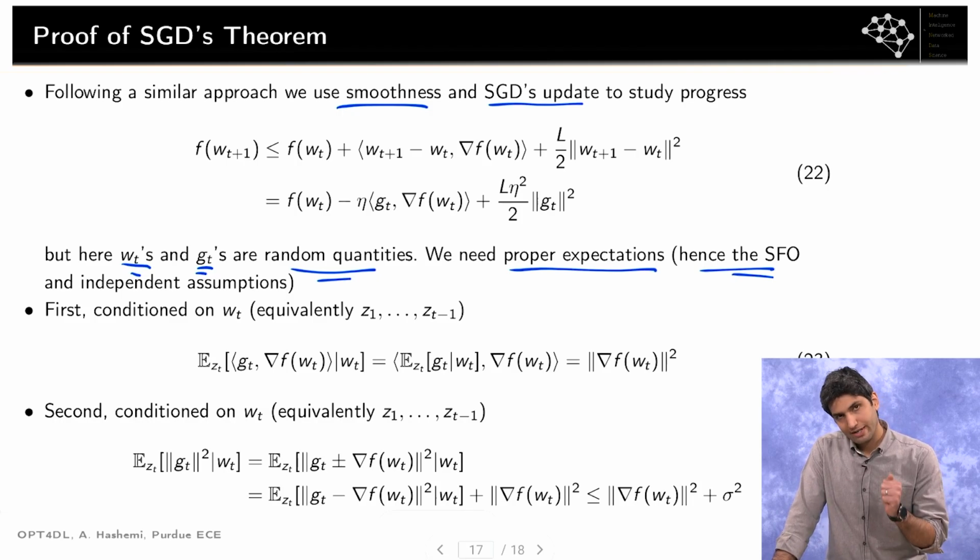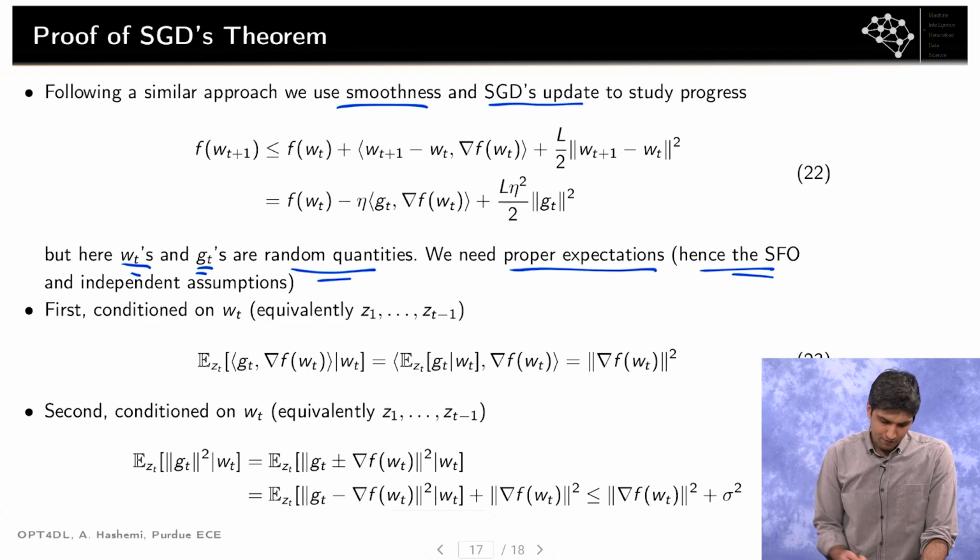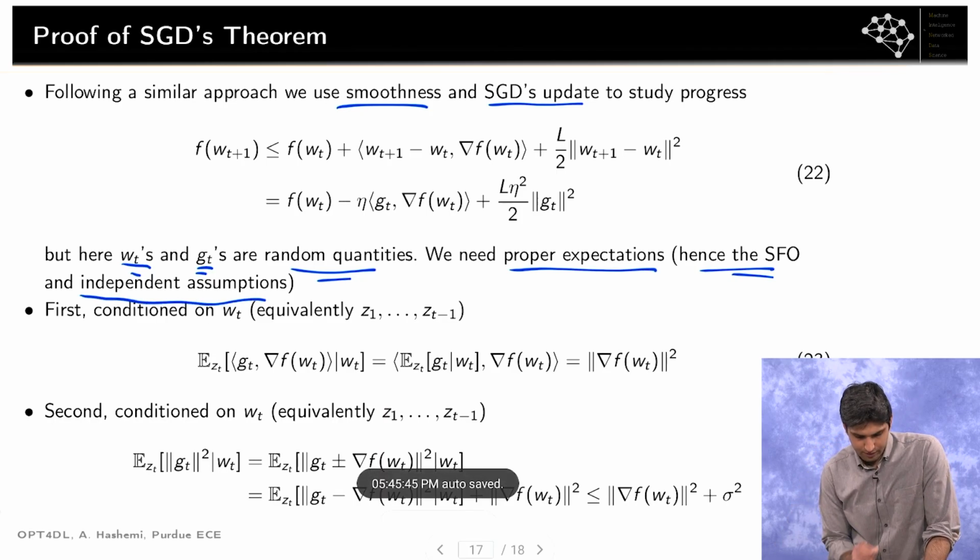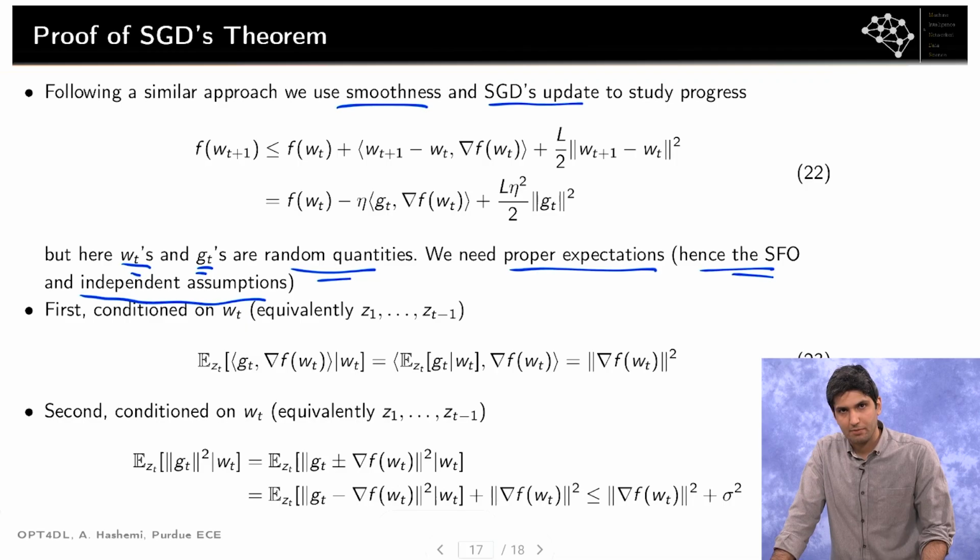In particular, we're going to again assume that we have access to a stochastic first order oracle, which provides unbiased estimators of the true gradient with bounded variance. And finally, for the ease of analysis, we're going to assume that the samples are independent. With these, we can easily carry out the rest of the proof.